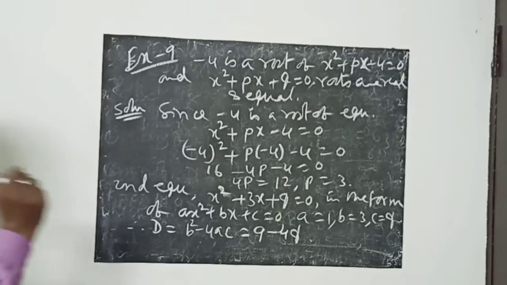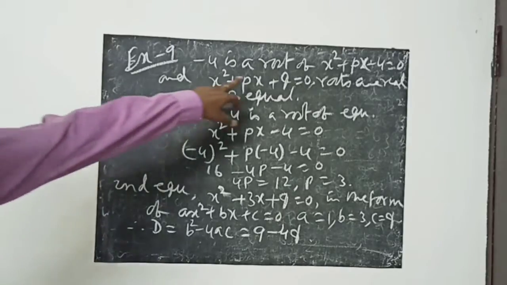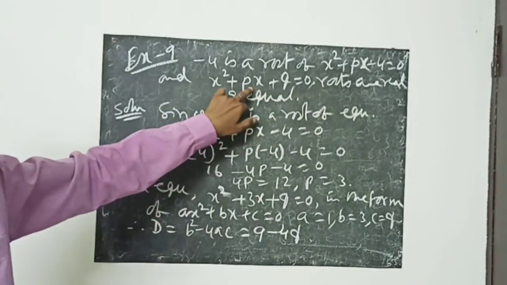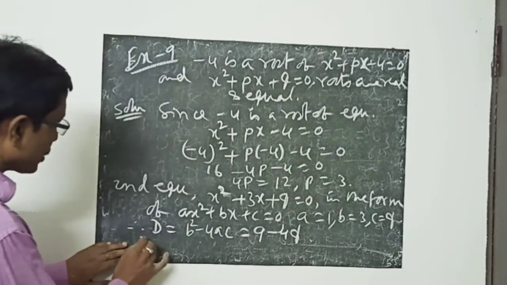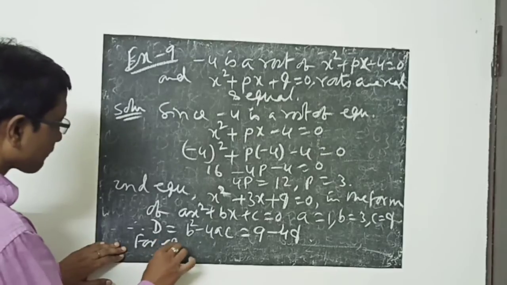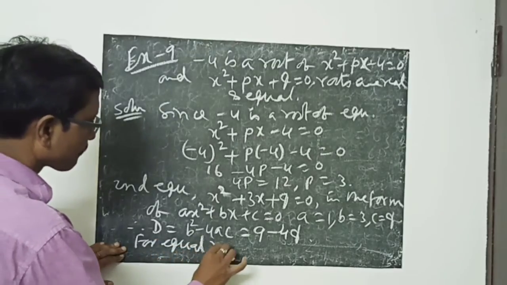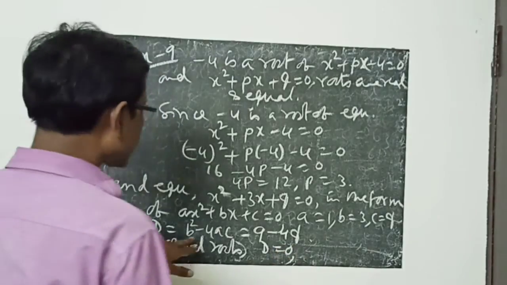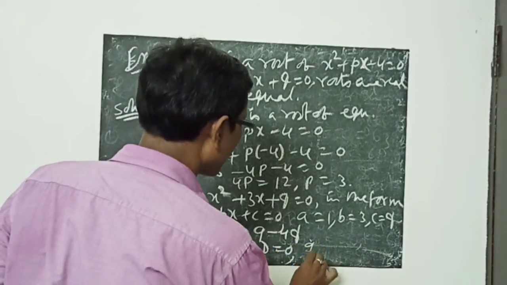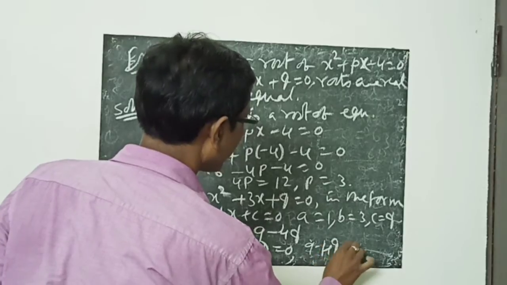And since the roots of the second equation are equal, we know that for equal roots D equal to 0. That means 9 minus 4q equal to 0.